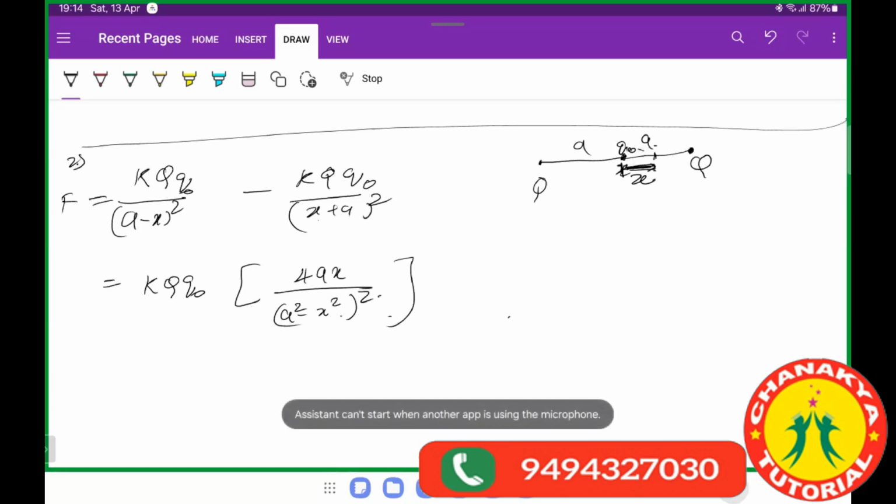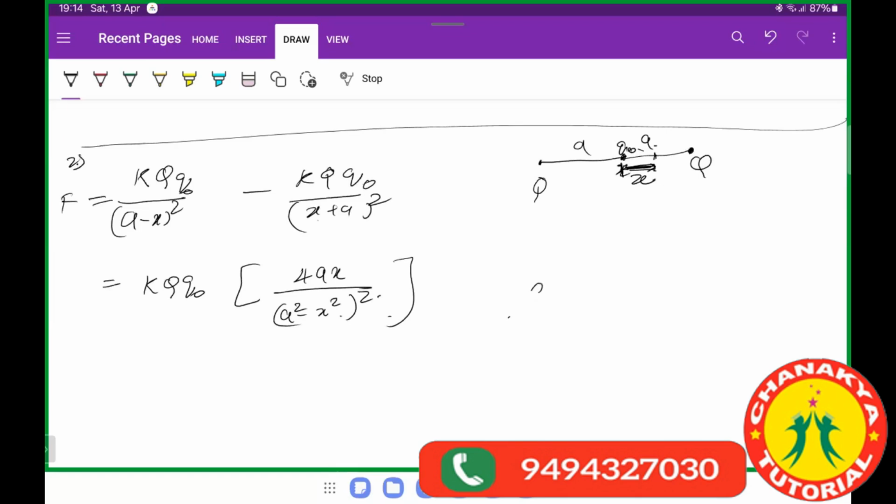Now actually, this x distance is very, very small compared to a, so this x can be neglected. So we will be left with f equals k q q naught. X can be neglected in the denominator, not in the numerator.